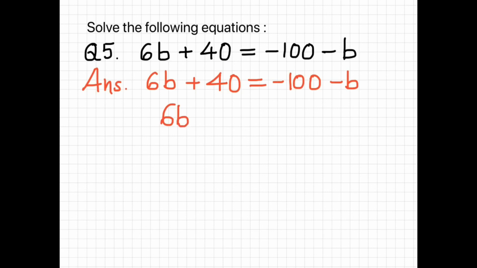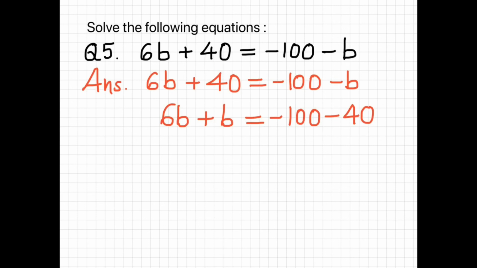minus b becomes plus b on transposition. This is equal to minus 100 and plus 40 when transposed becomes minus 40 on the right hand side.